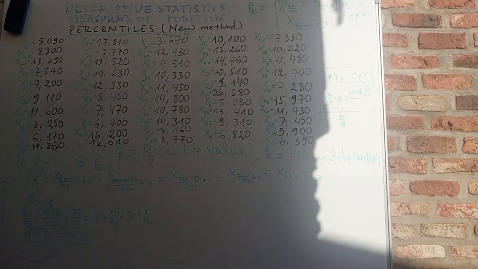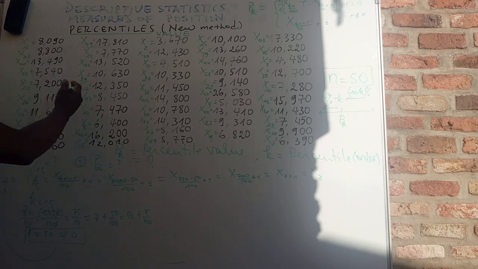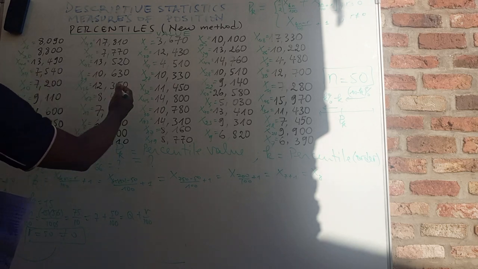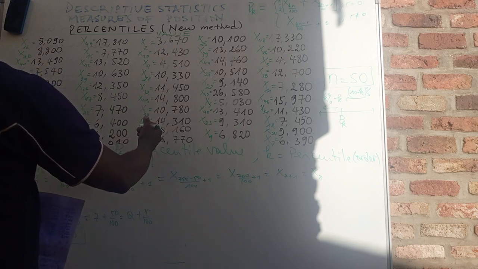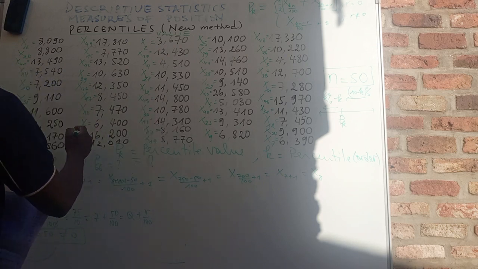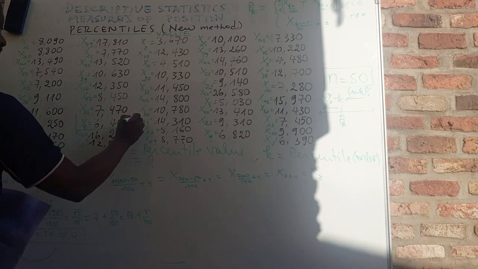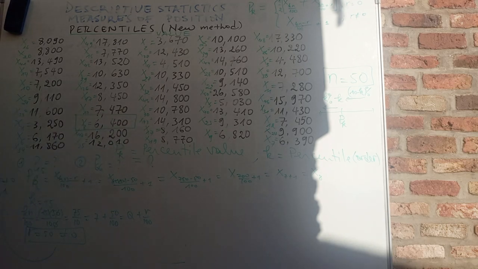Okay, so now we are going to check among this list what is x sub 8. Okay, I have it here. x sub 8 is this one.